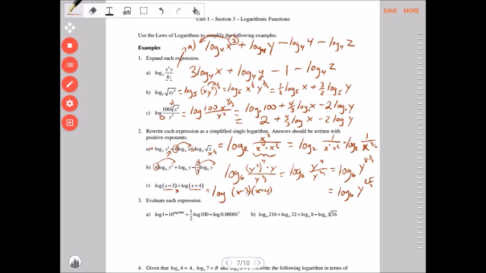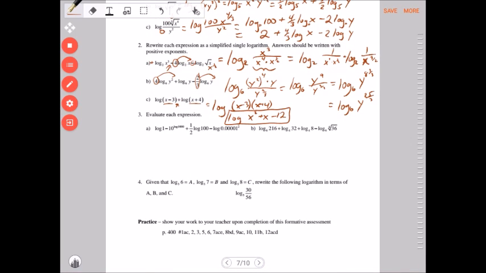We're going to have to FOIL this and solve stuff later, so we might as well get used to it. So this is going to be log of x squared plus 4x minus 3x, so it's plus x minus 12. So that's going to be our final answer for this one. The logs were added, so we just multiply the two arguments. Okay, great.